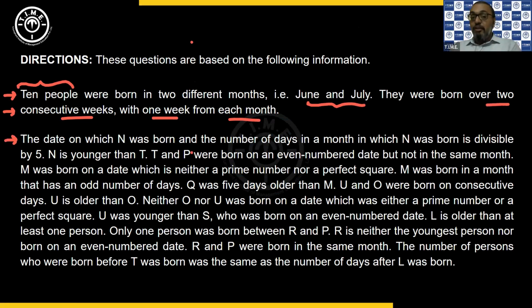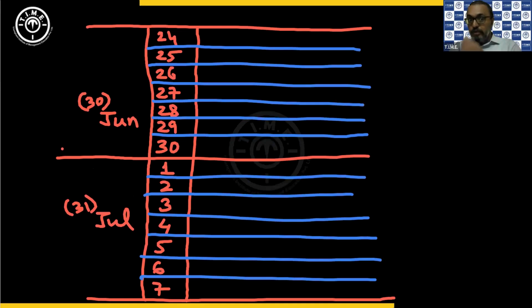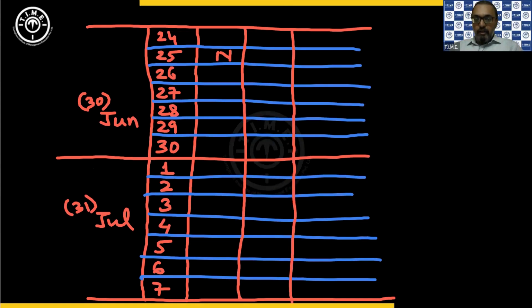The date on which N was born and the number of days in a month in which N was born is divisible by 5. So obviously it has to be June, and N will be given either in 25th of June, or N can also be given in 30th of June. Born in a date which is divisible by 5, and also the number of days of the month should be divisible by 5.